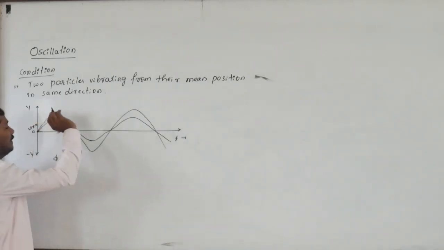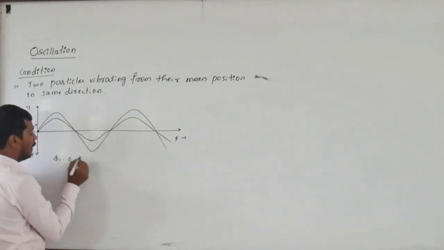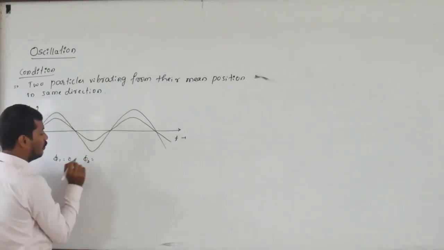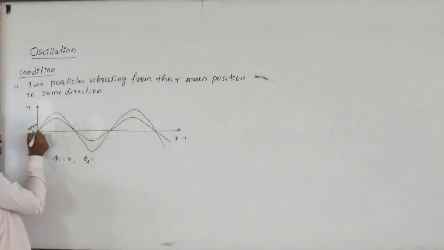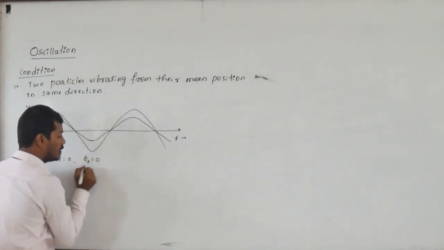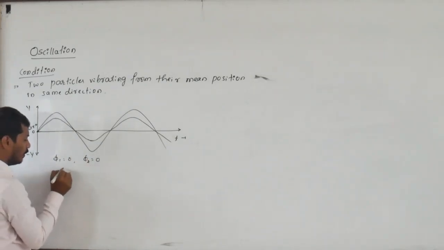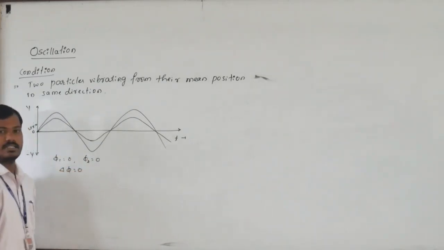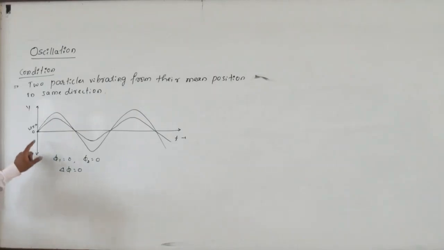Then the phase of the second particle, phi 2, is again 0, since it also starts from its mean position. The phase difference delta phi is 0. Both start from the mean position.